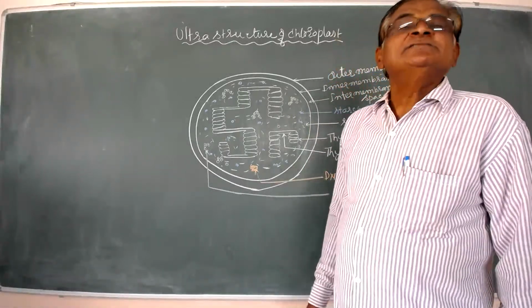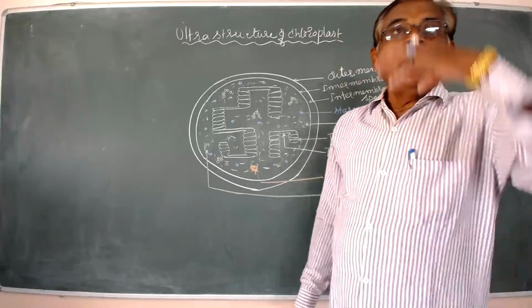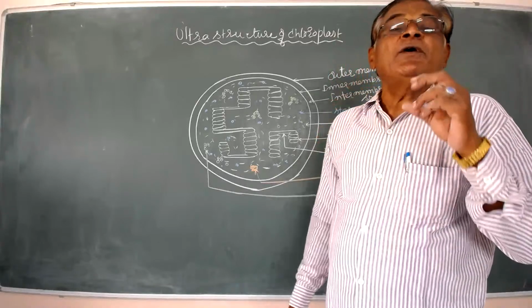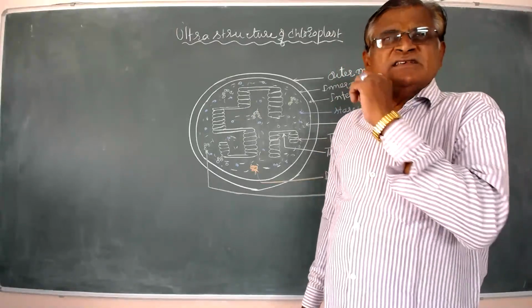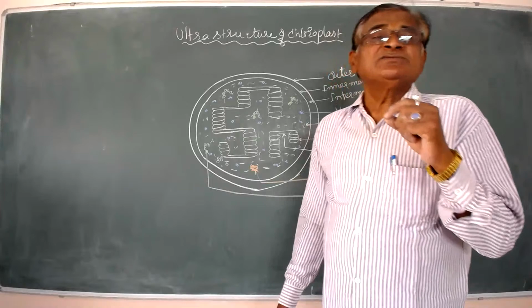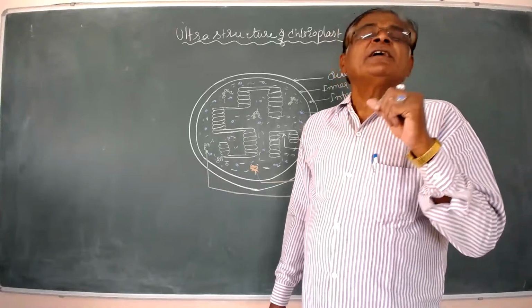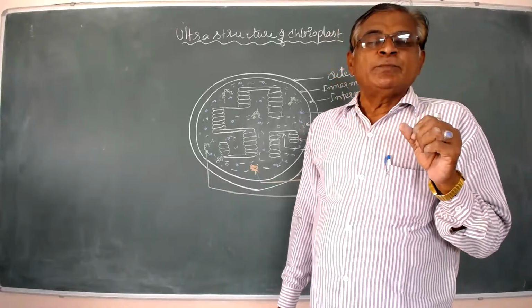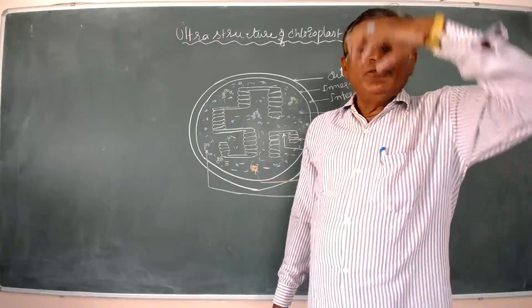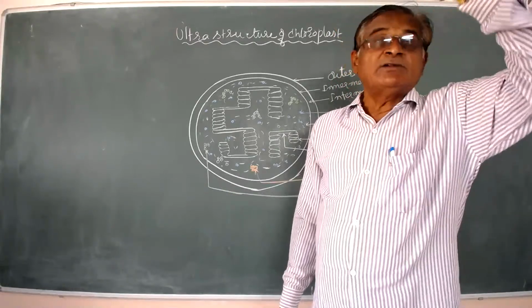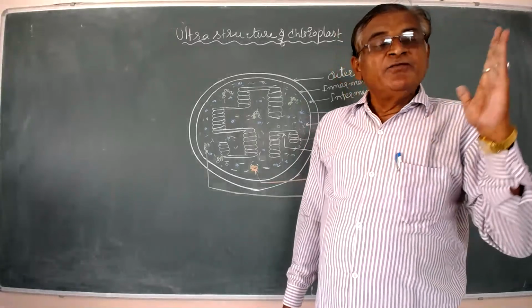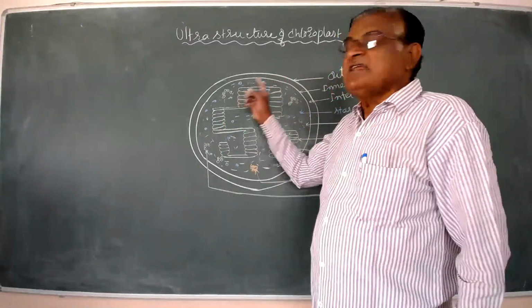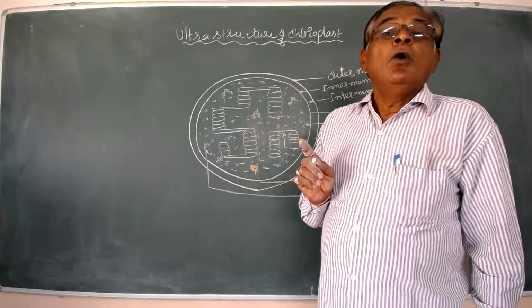Ultrastructure means you observe it under the electron microscope, because it is subcellular and very difficult to see with a normal microscope. From the top view, the chloroplast appears like a discoid, disc-like structure. From the side view, it appears like an oval-shaped structure.